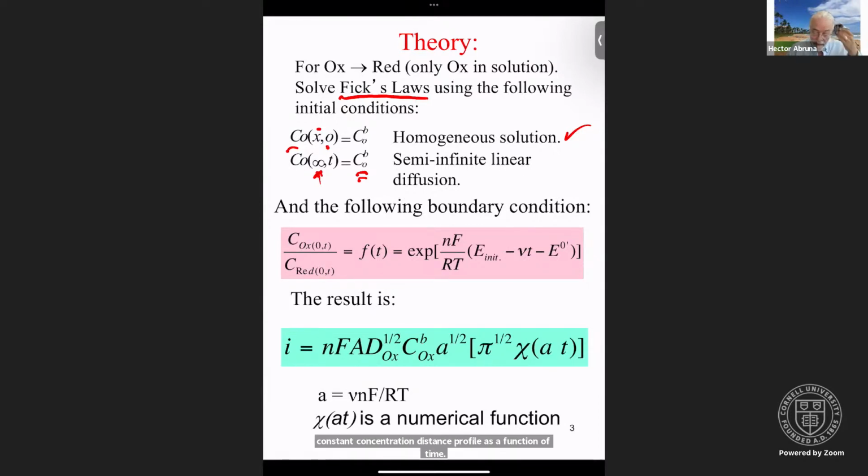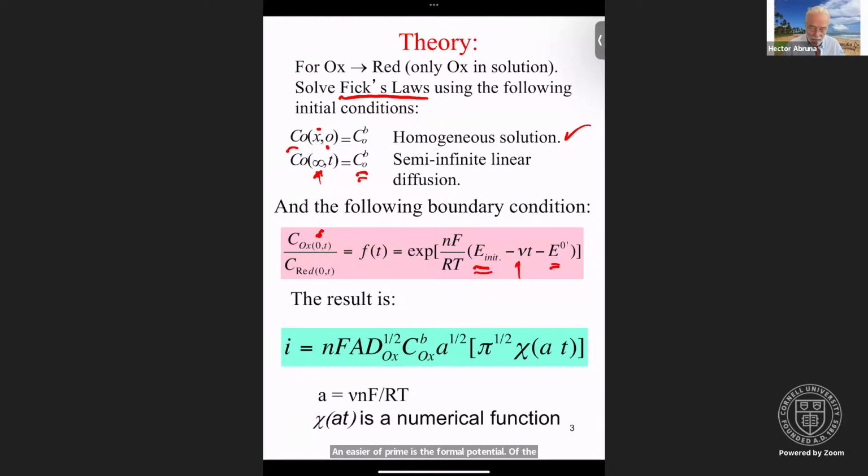In this case, the boundary condition is a little more involved. It relates to the ratio of Ox to Red at the electrode surface, x equals 0, as a function of time. It's an exponential of nF over RT times the initial potential minus E0 prime, where v is the sweep rate and E0 prime is the formal potential of the process.